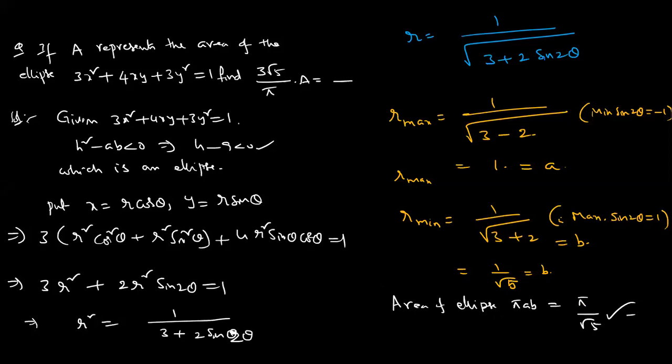This is given in the question as capital A. Now, come to the point. But what are they asking? 3 root 5 by pi into A. So what is the answer? It's a numerical value. So you have to approach like this, dear students. The same question I'm giving, you can practice at home. Compare this one, that is very, very easy.